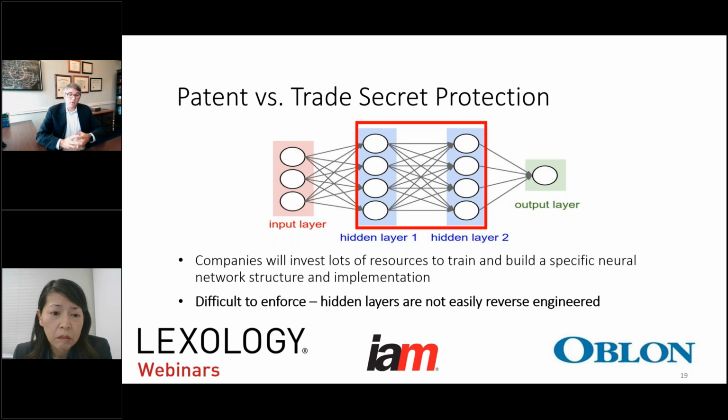Now, I will say that one area that I've heard recently is that potentially AI could be used to reverse engineer things. So where in the past it may have been difficult to detect that something is running in a certain way, AI could potentially even be used to do this detection. But at this point, we're really not there.